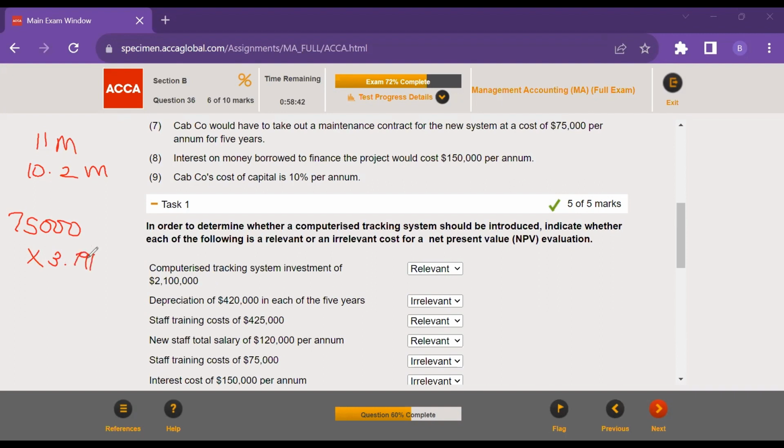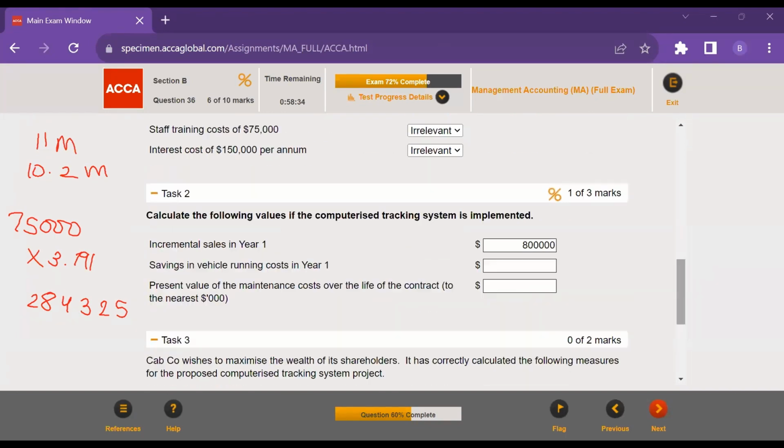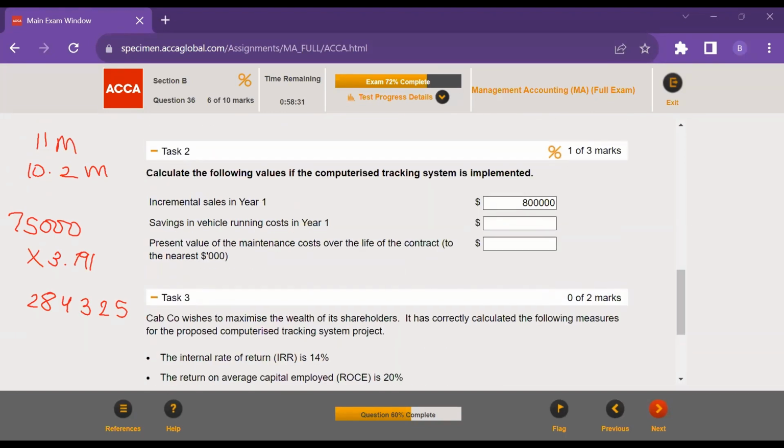And with this, you will get your answer as 284,325. So it is mentioned with respect to the rounding of instructions, we are told okay, why did this answer disappear? It was 110,000.